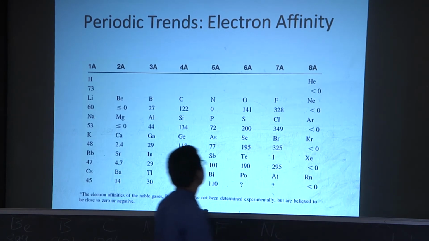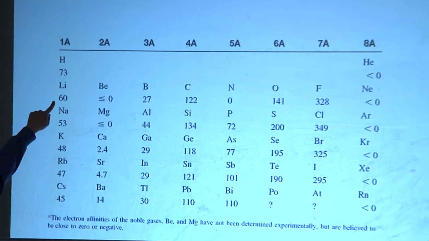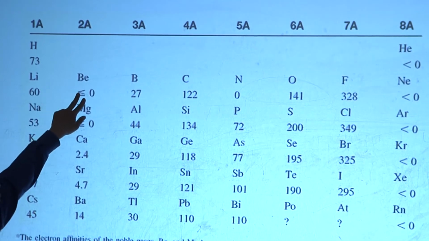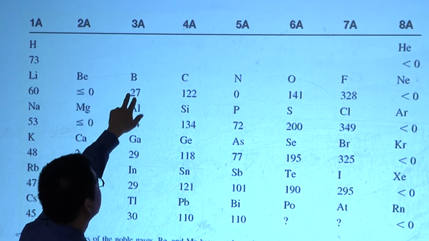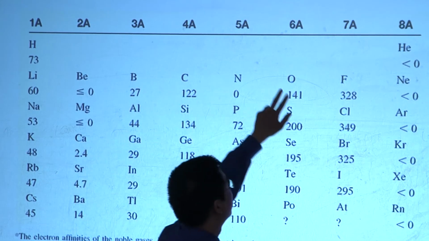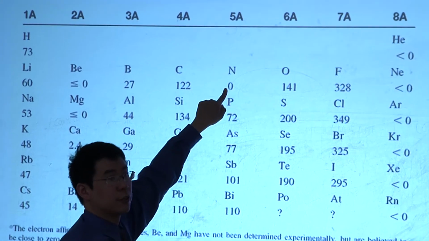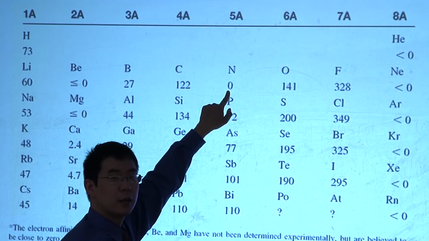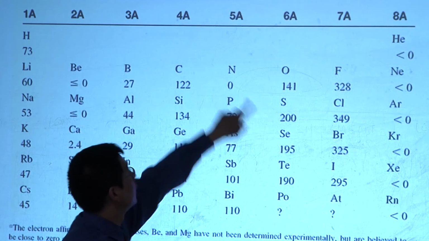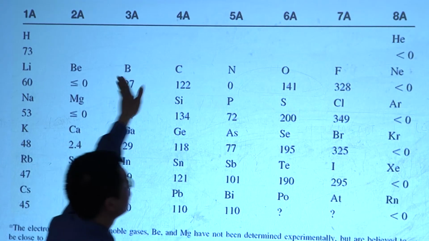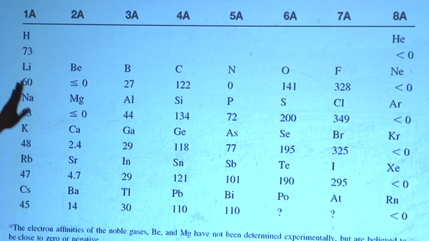Okay, so here's the trends in electron affinity. You can see lithium is 60, beryllium is about 0. And then it increases, 27, 122, 141, 328. And nitrogen also is an exception, because nitrogen is already at a half-filled subshell. It doesn't want to gain another one. So from here to here, it increases, with the exception of the half-filled subshell.